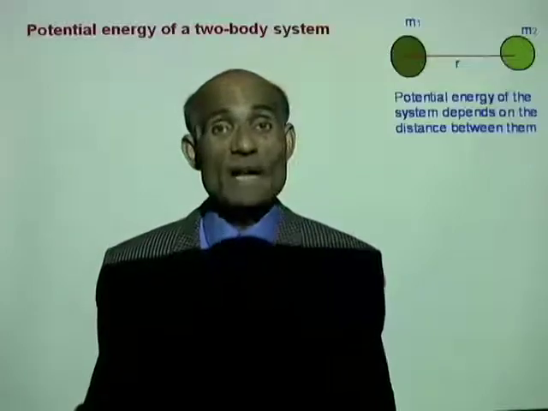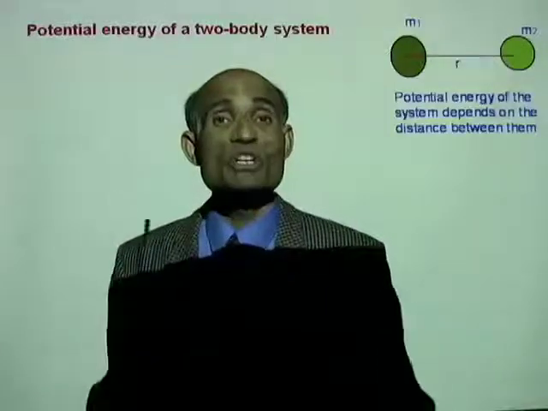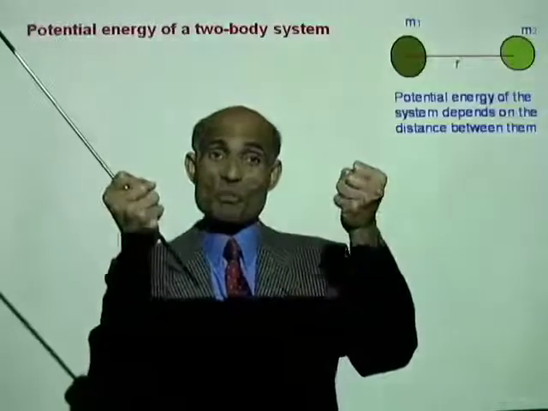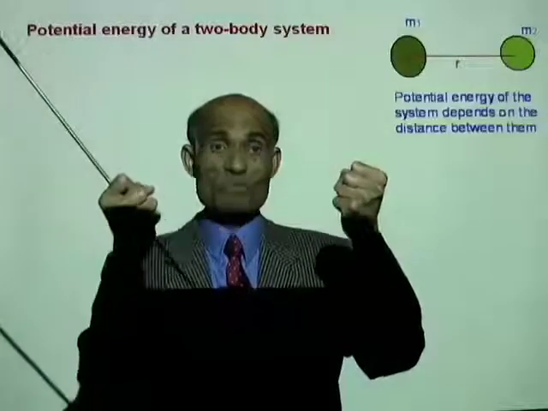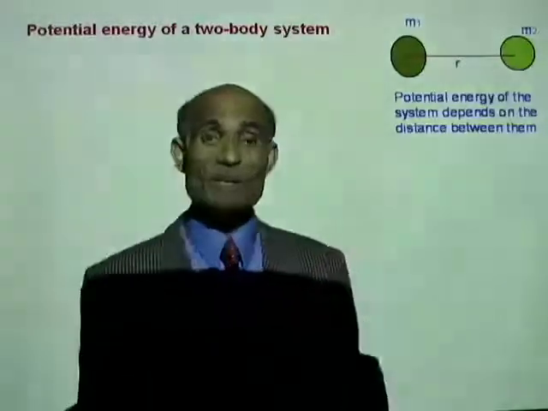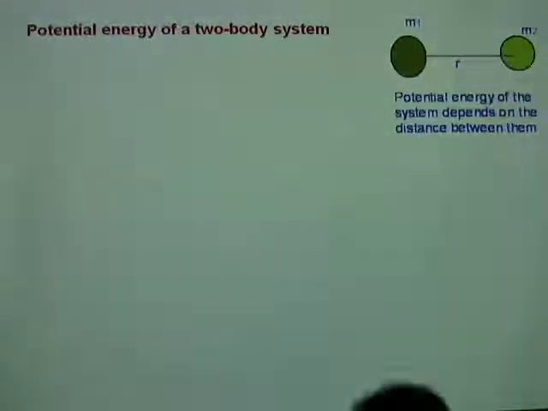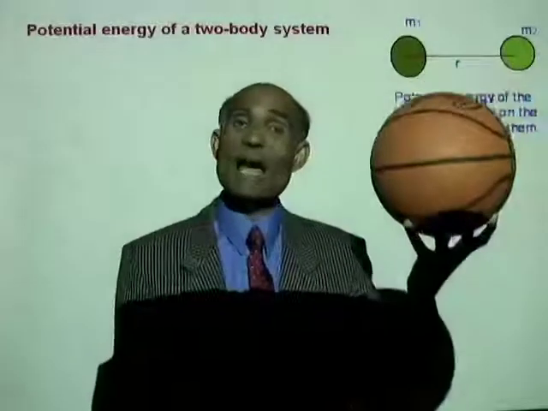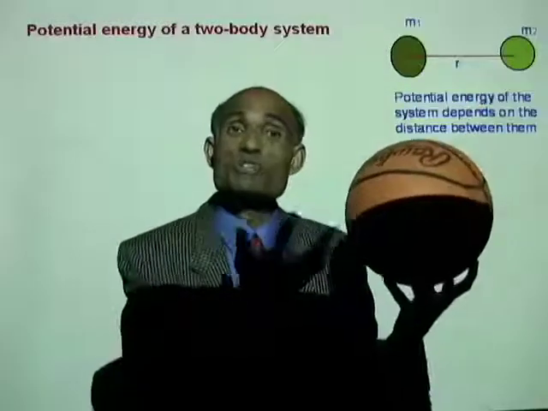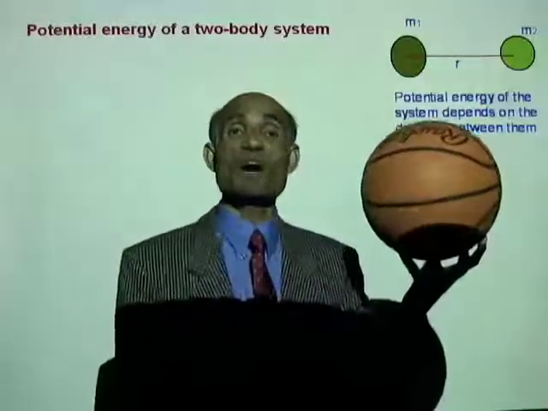Well, we know that potential energy of a two-body system, a two-object system, depends on the distance between them. Do you know that? Well, consider the basketball and the Earth. This is a two-object system, a two-body system.